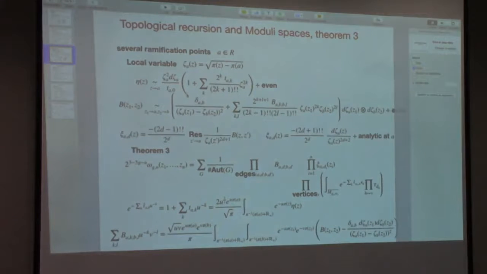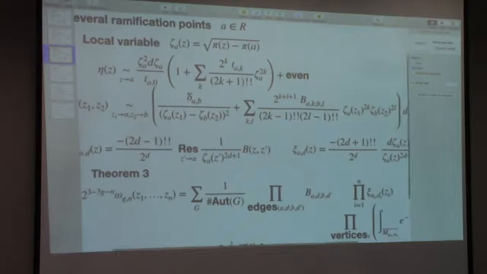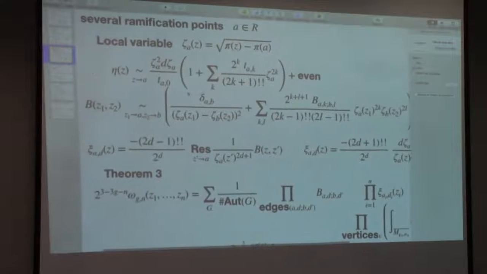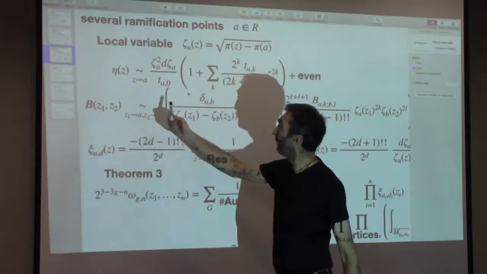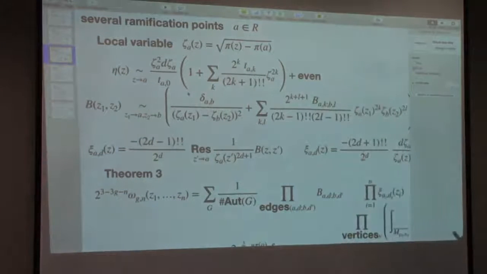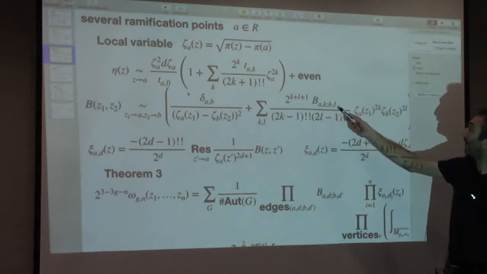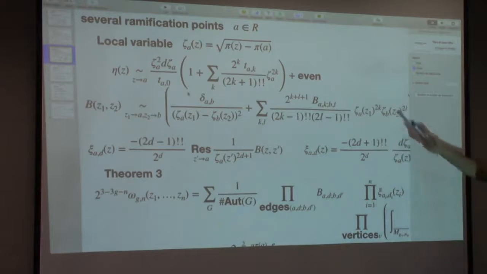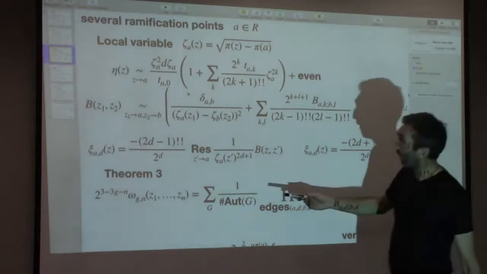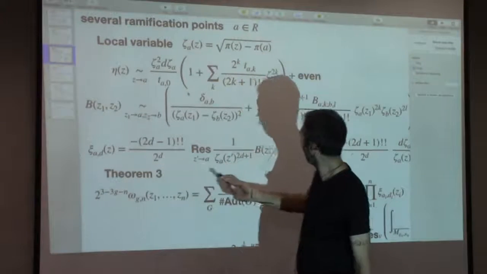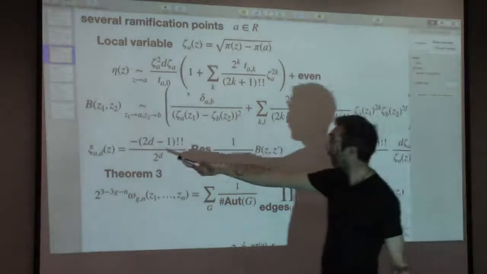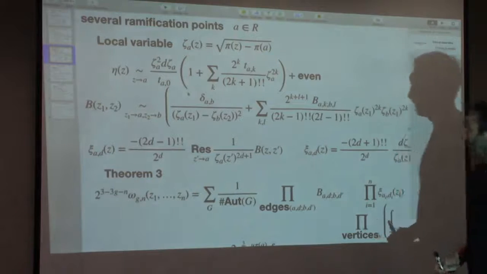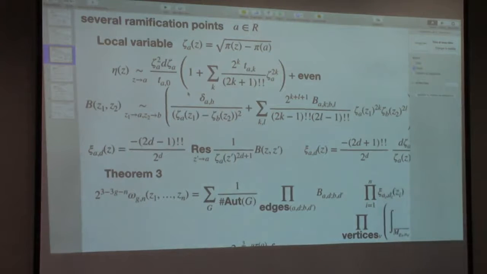So you expand one of the variables in the neighborhood of a ramification point a, and the other variable in the neighborhood of a ramification point b, the coefficients in the Taylor expansion. Also define those forms, psi a d.